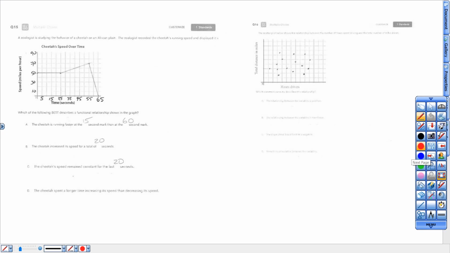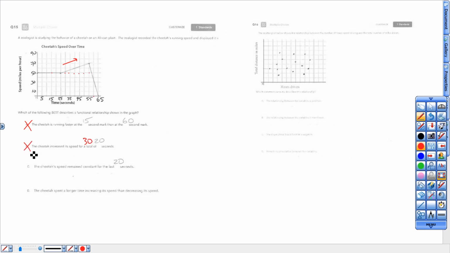All right, this one wants you to see, let's see, the 15-second mark going faster than the 60-second mark. That's false. The cheetah increased speed for a total of 20 seconds. Let's see, going uphill right here, 5, 10, 15, 20, 25, 30. It was going up 30, so that's no good.